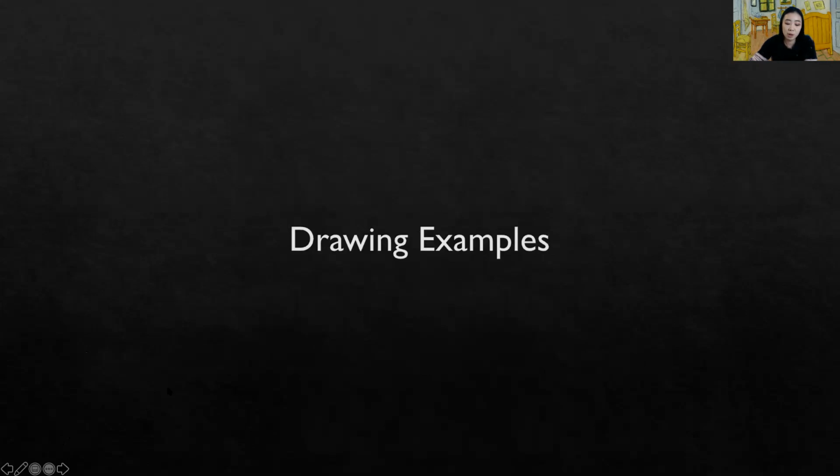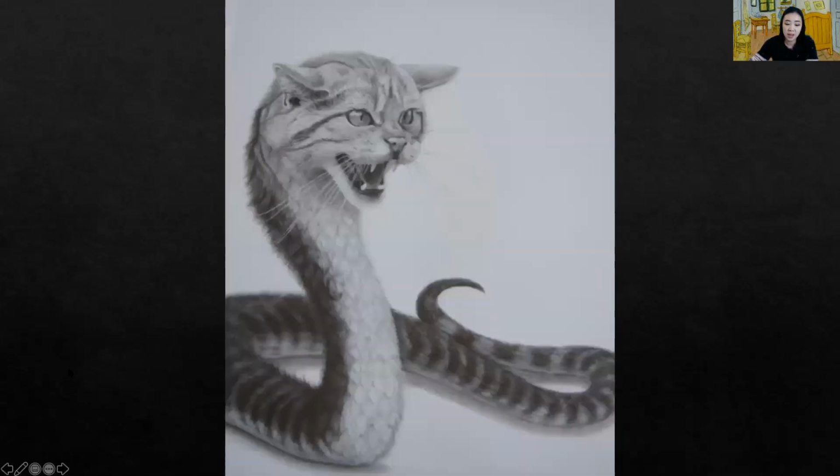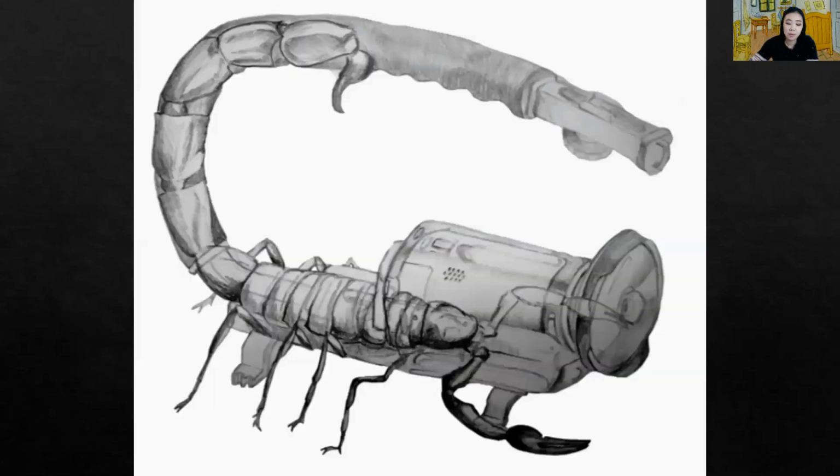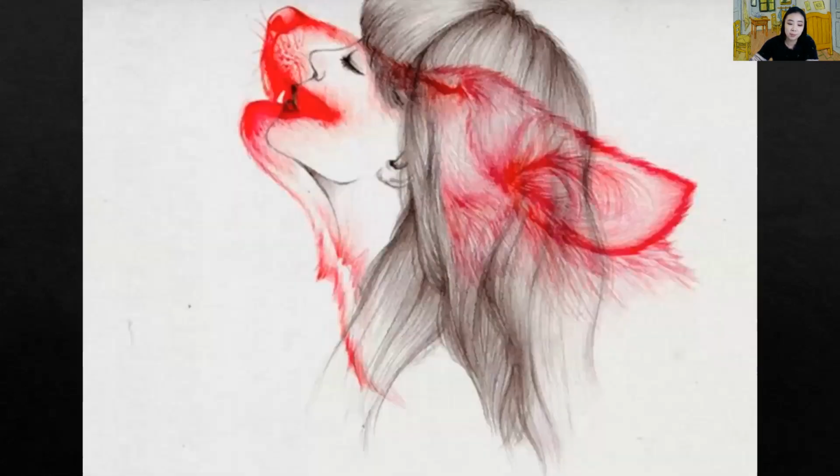Now let me share more examples. Morphing with an alligator and a high heel, morphing with a cat and a snake, morphing with a scorpion and a part of a machine, morphing with an ant and measuring spoons, morphing with a girl and a wolf.